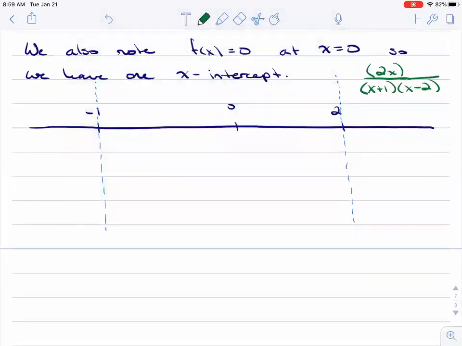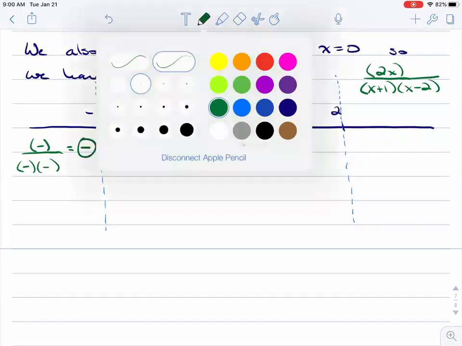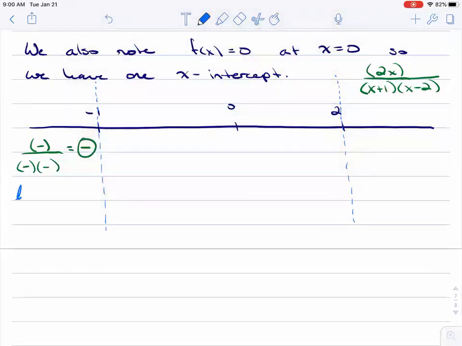I've got a negative value divided by a negative value divided by a negative value, which gives me a negative value. Which means that I can write the limit as x goes to -1 from the left of f of x is equal to negative infinity, meaning it's going to look something like this.